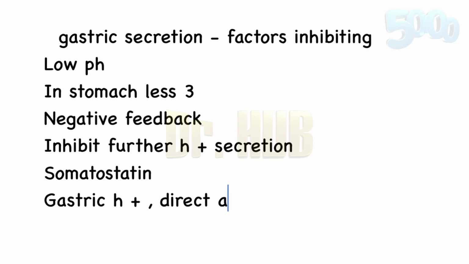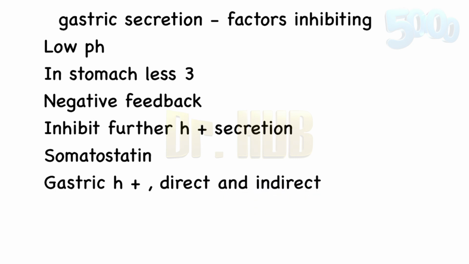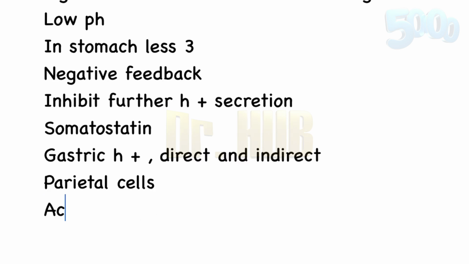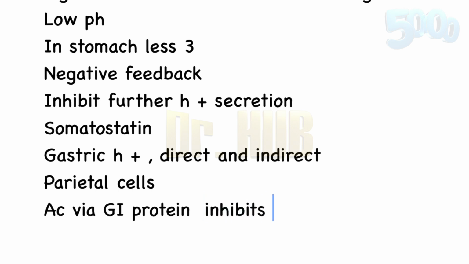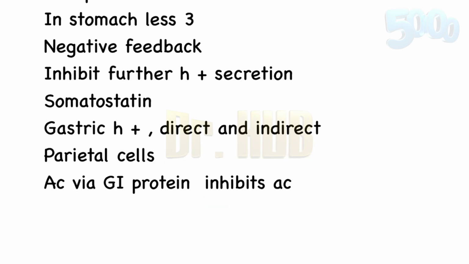In the direct pathway, it binds to receptors on the parietal cells, which are coupled to adenyl cyclase via the Gi protein, thus inhibiting the adenyl cyclase and decreasing the cAMP levels.